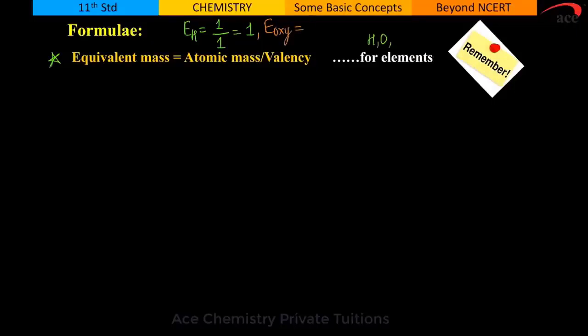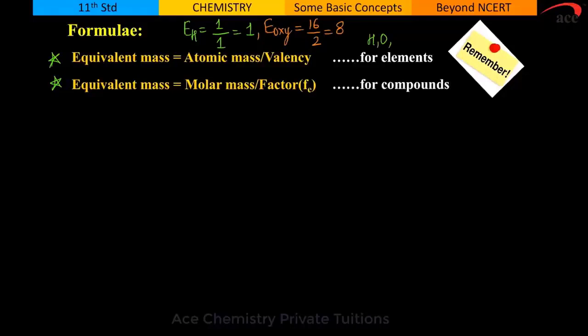Similarly, how to calculate equivalent mass of oxygen? Atomic mass of oxygen 16 divided by valency 2, that is 8. So, all the terms that you saw in the previous definition were actually calculated by this formula. So, equivalent mass is atomic mass by valency.